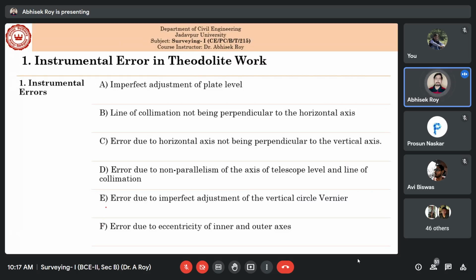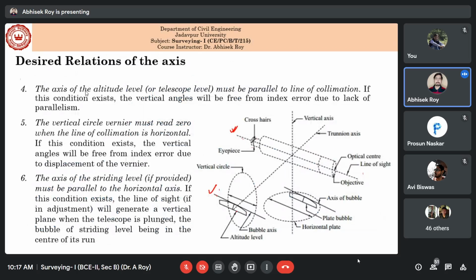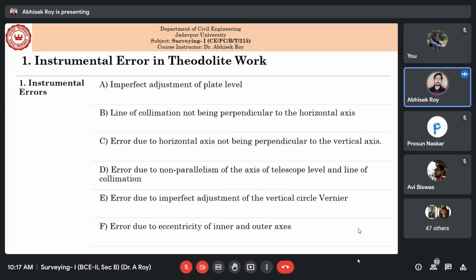As you can see, there are a few more. First, there is imperfect adjustment of the plate level. That means if this plate level is not adjusted properly, if it is tilted like this, then obviously there will be some kind of error.